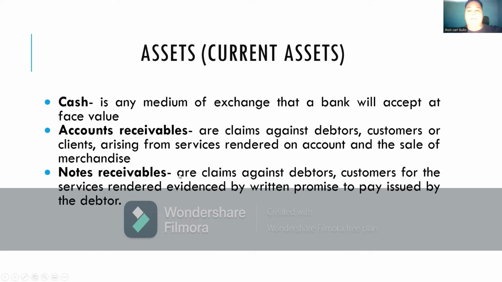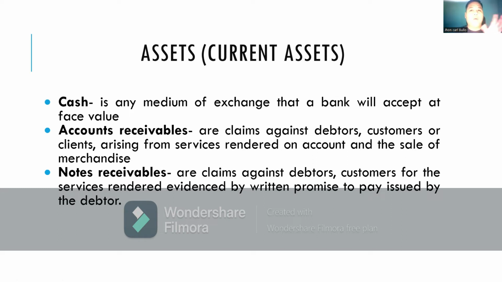Next is the note receivable. What is the difference between the two? They are both receivables, but in terms of the instrument, a note receivable has a written pledge coming from the customer. These are claims against debtors or customers for the service rendered, evidenced by a written promise, which means there is a paper.